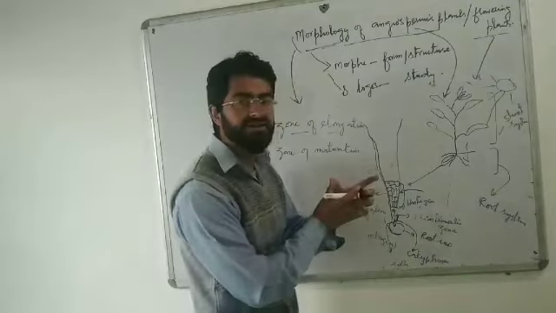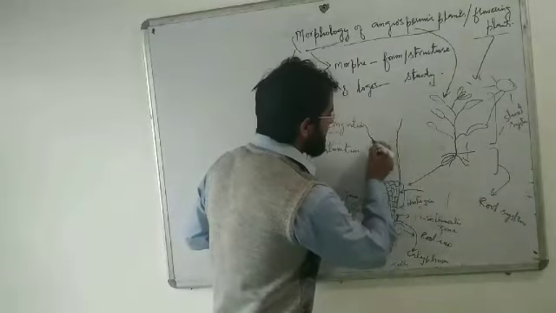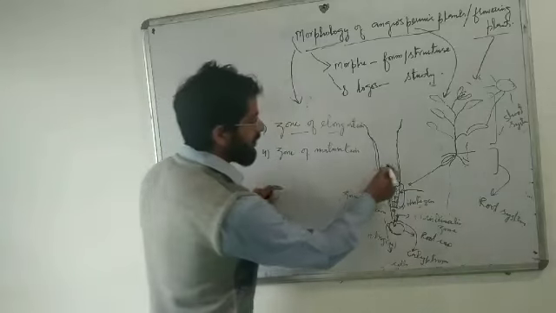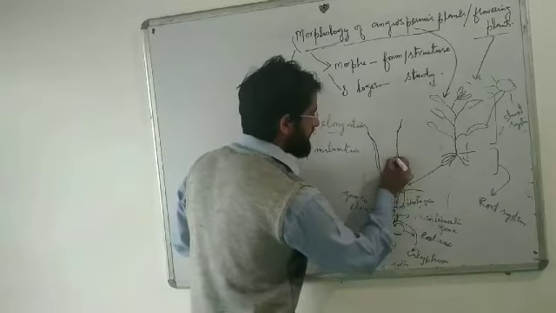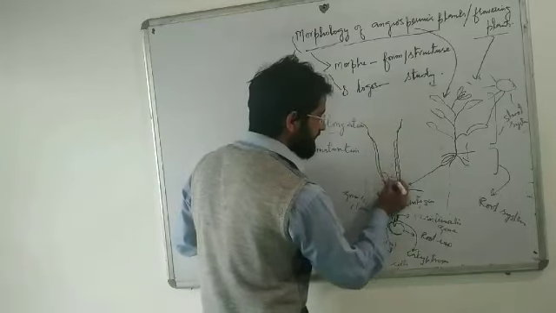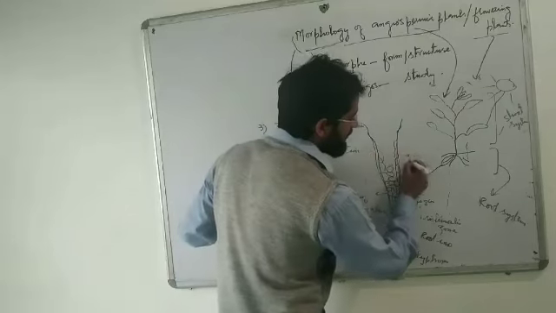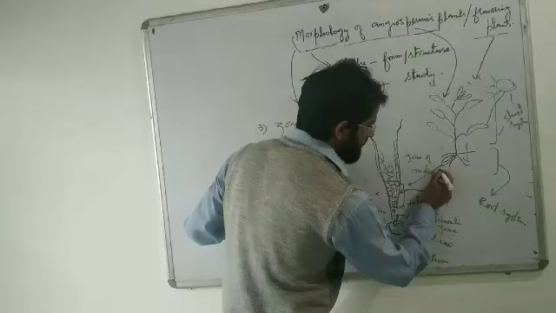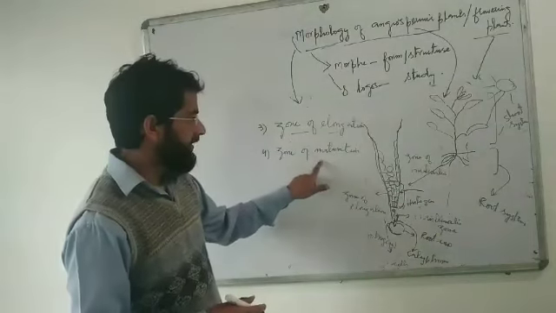That is known as differentiation or maturation. That means from this part above the cells start maturing. Right? That is why we call this phase as zone of maturation. Zone of maturation. Right? This is final zone.